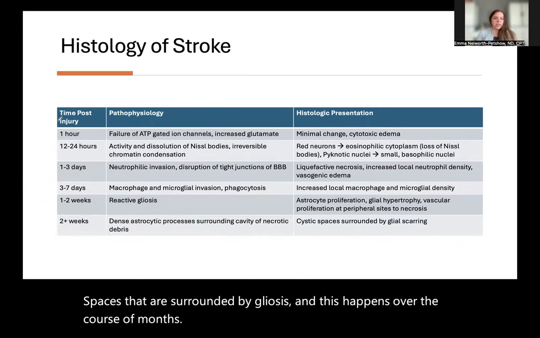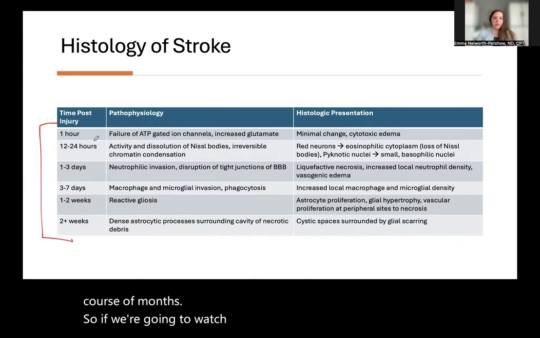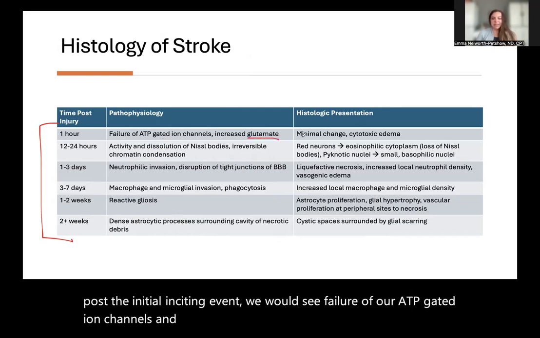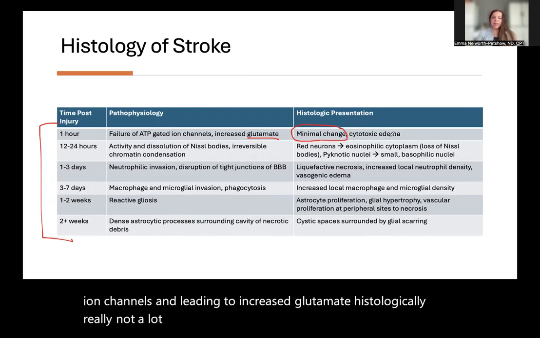So if we're going to watch the time post-injury of stroke, 1 hour after the initial inciting event, we would see failure of our ATP-gated ion channels, leading to increased glutamate. Histologically, really not a lot of change, maybe some intracellular edema, cytotoxic edema.